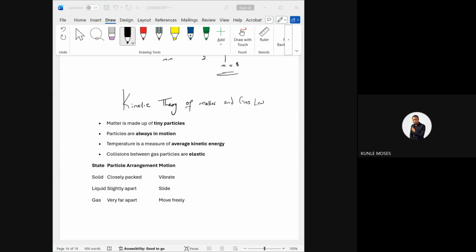Before we move into gas law, which is the most important thing, under this kinetic theory, like I said, they can ask you that for molecules that are slightly apart, what is the kind of state such molecules can have? When we talk about slightly apart, it talks about liquid.